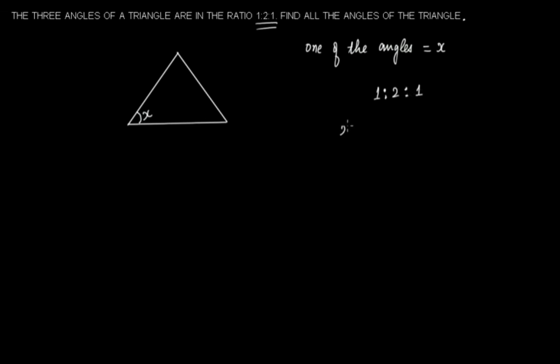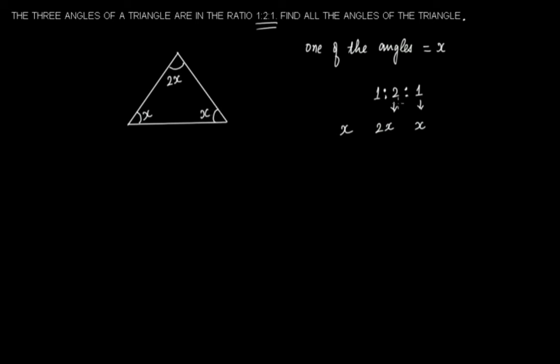So if one is x, for this one it will be 2x, and for this one it will again be x. That is, two angles will be of the same ratio. It means that yes, they are of the same value, and this will be 2x. So 2x, and this is x.